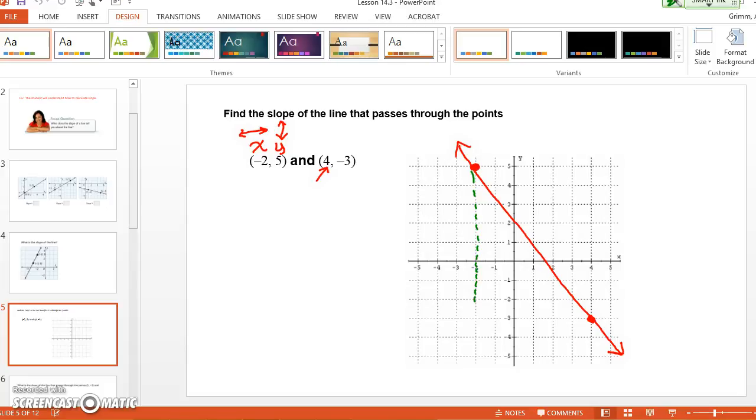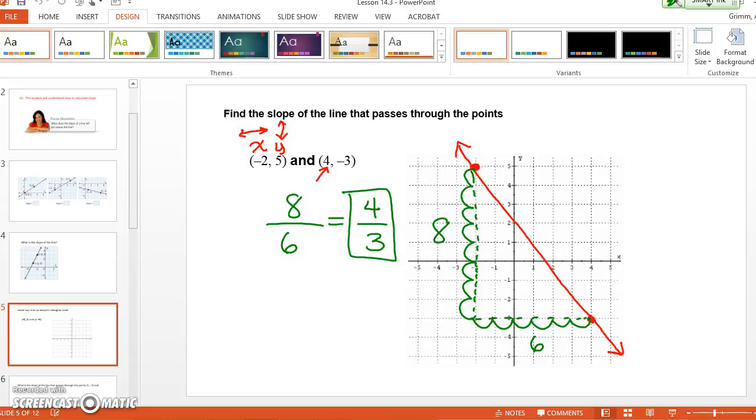So I figure out my rise and I figure out my run. Let's see, my rise would be 8/6, and I'm going to reduce that to 4/3. And by the way, what else do I need on this one?